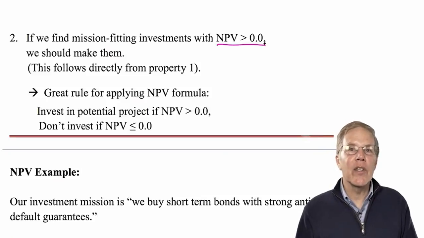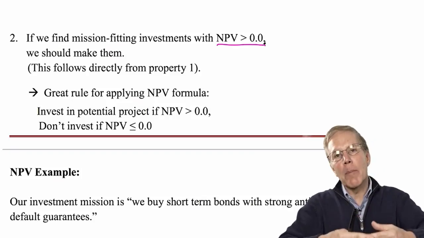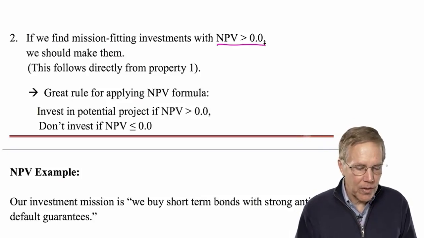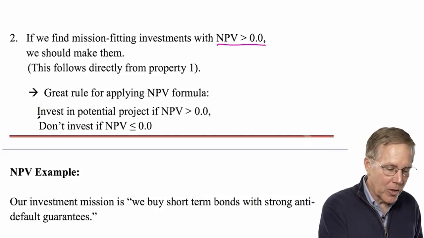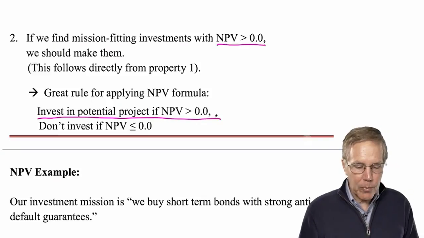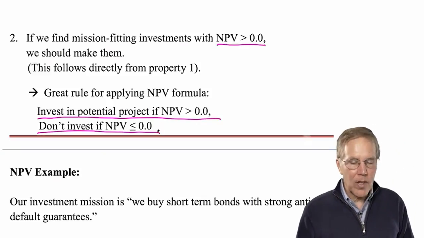We should go ahead because that's going to do better for us than putting the money we could invest in this project in our opportunity cost of capital investments. All right, so that gives us a great rule for applying the NPV formula, which is invest in a potential project if the NPV is greater than 0. Don't invest if the NPV is less than 0.